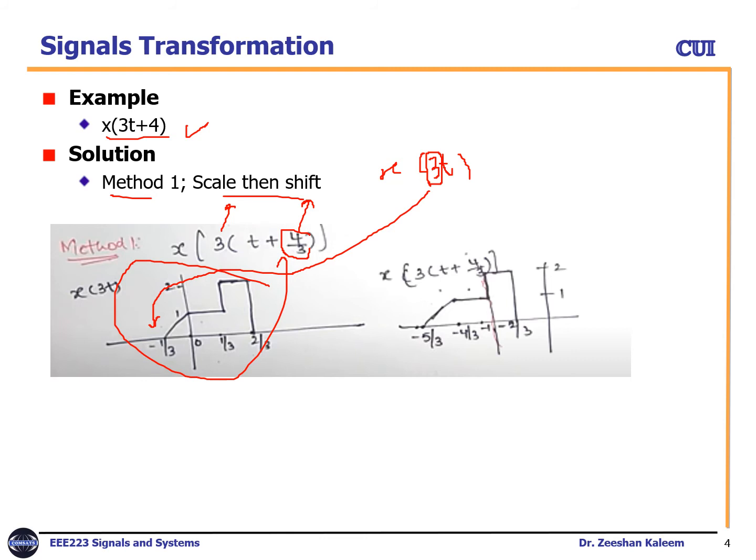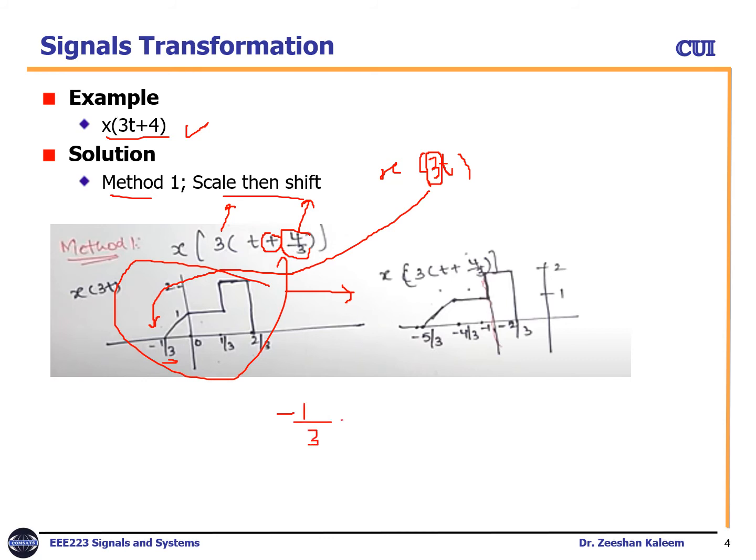So we will shift the already scaled version by 4 by 3. So what does 4 by 3 mean here? It means that when there is a positive sign here, it will move to the left. So we have to subtract from these x values, like minus 1 by 3, the 4 by 3.